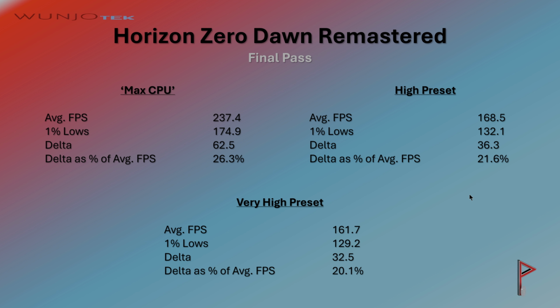And again, increase graphic settings a little bit more in the very high preset, and now we're at 20% difference between average FPS and 1% lows, which is really a phenomenal result.